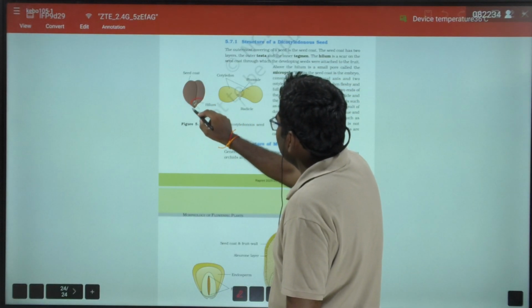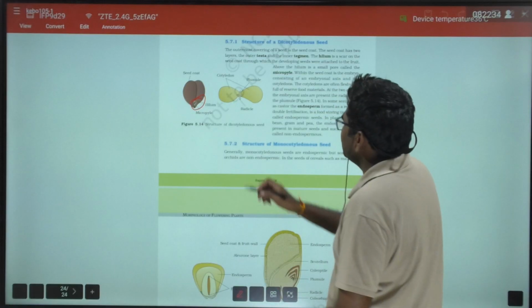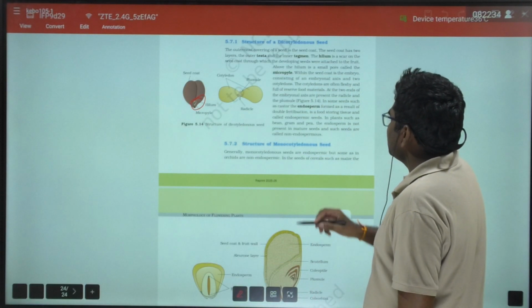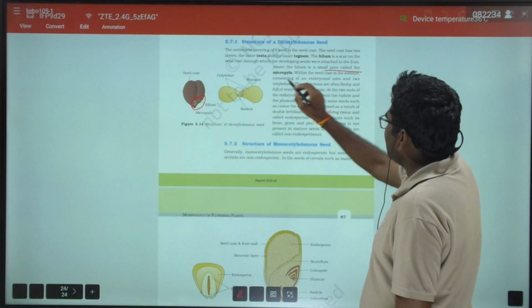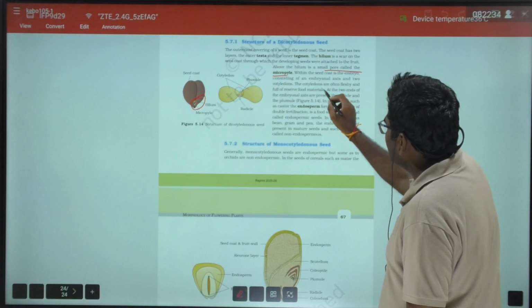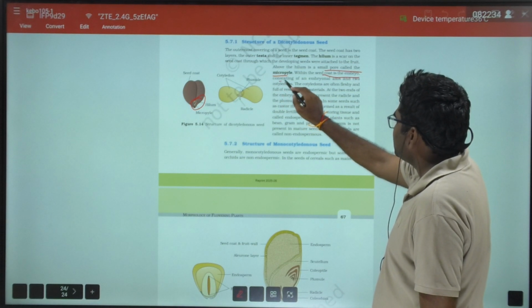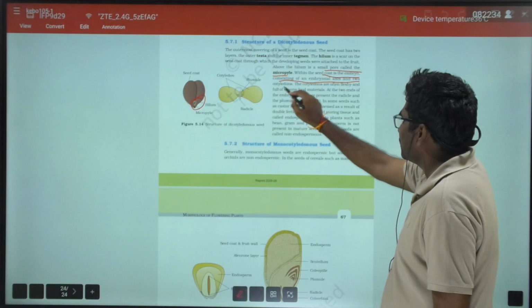This is the scar of the seed. Above the hilum is a small pore called the micropyle.